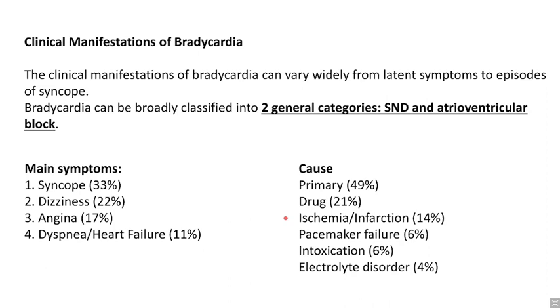But if your patient has no symptoms typical for ischemic heart disease, of course you can't say about it. Drugs, of course, 21%, students, drugs cause bradycardia. Ischemia or infarction, 14%. Pacemaker failure, 6%. Some intoxication, 6%. Or electrolyte disorders, 4%.